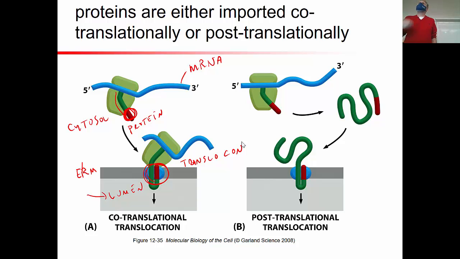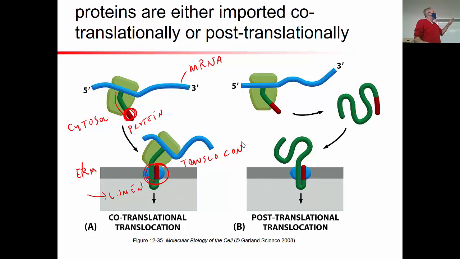And what this means is that as translation is occurring, the protein is moving through the translocon into the lumen. So we call this co-translational translocation.